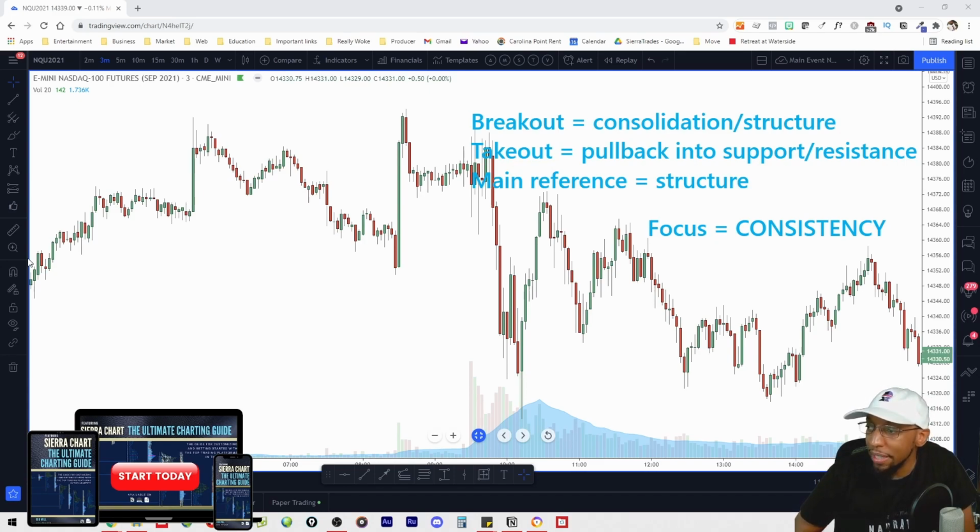The reason I'm saying that is because getting in on a breakout or a takeout, you're kind of playing behind what's creating the momentum, the price action and the volatility. You're getting in sort of late.